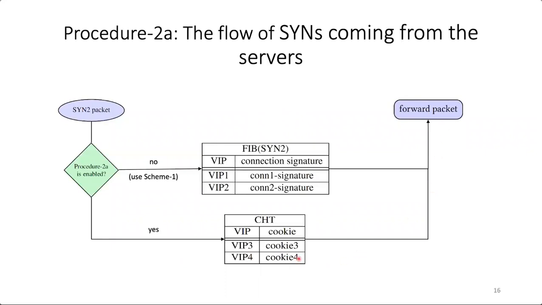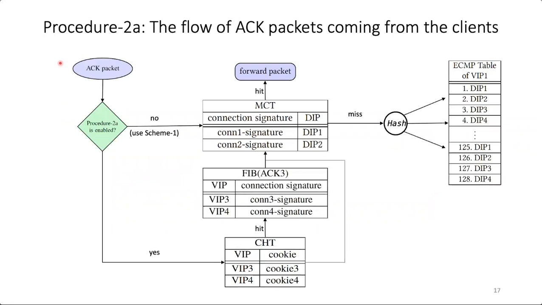The CHT actually learns the SYN cookie value plus 1, and later for ACK packets, the hardware will simply check for a match for their acknowledgement number. The hardware flow for ACK packets looks like this. The packet first passes through the CHT table to do the validation and check for a match of its acknowledgement number.